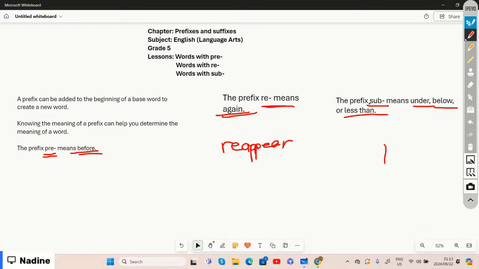So well done. Now, with the prefix pre, are there any words that you can think of where the word starts with pre?